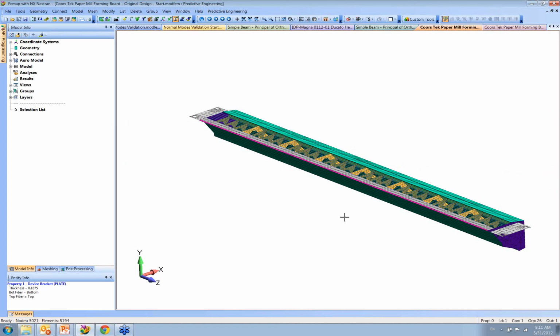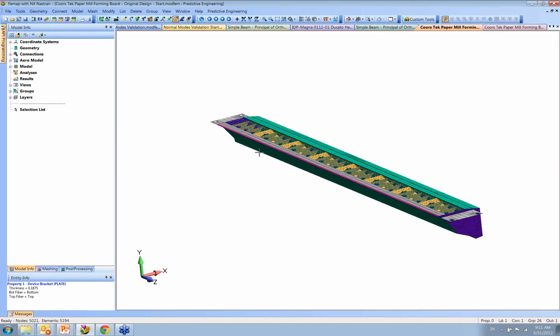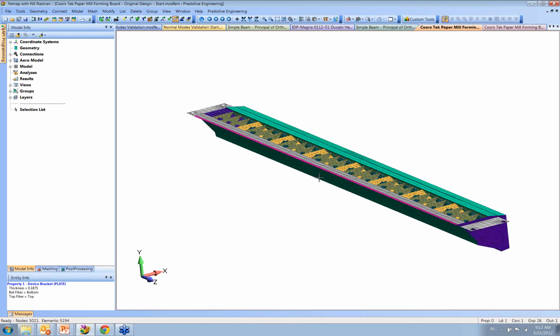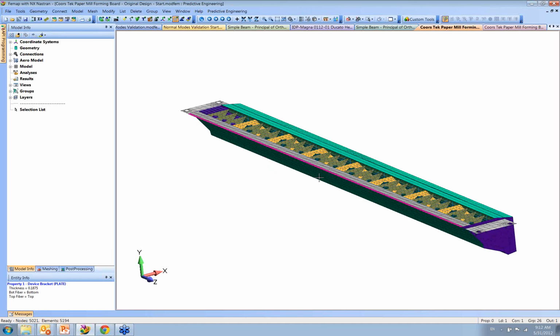And then once this forming board gets excited, because this is 30 feet long, once this thing gets moving, it'll tear the paper mill machine apart. So it's really critical that it has frequency higher than 11 hertz.